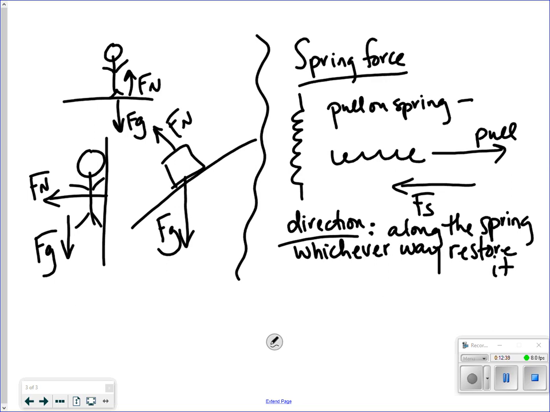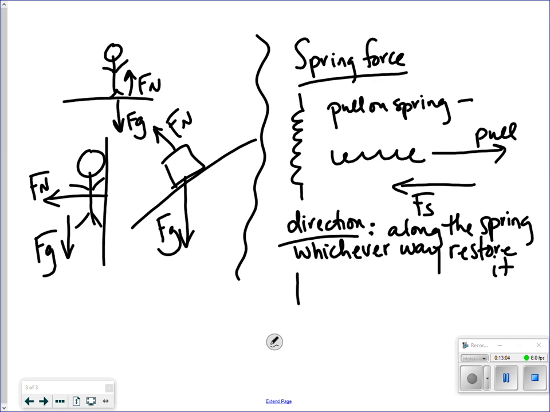Okay, so we've got a bunch there. So if you pull the spring and you make it get bigger, the restoration force will be in the opposite direction. If you compress the spring, it's the same thing. You're going to restore it in the other direction. Okay, the more you pull it, the more force you have. Obviously, we'll talk definitely more about that in a bit.